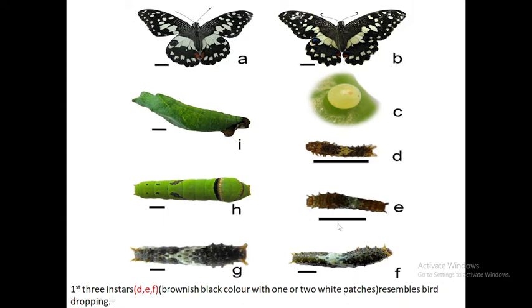They are slightly brownish in color, and the most prominent feature is that they look similar to bird droppings. That may be the adaptation seen in this pest for protection from predators. So no bird can easily identify these larval stages, and it is easy for them to escape the predator's view.